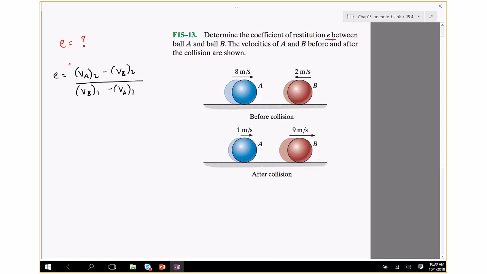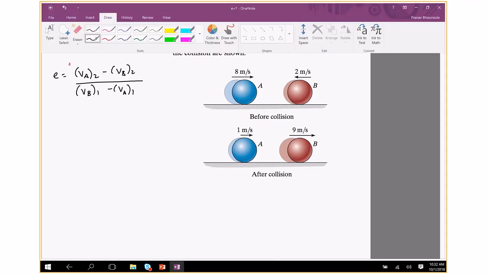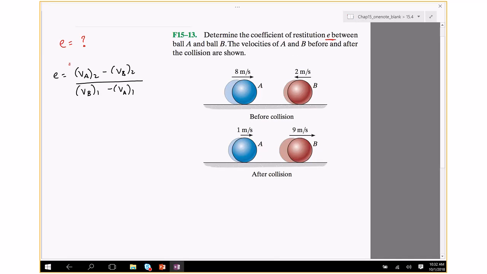I'm going to start. Put in the numbers. As I said, stick with a consistent sign convention. So this is going to be minus 2, assuming that positive is to the right side. This is going to be plus 8, this is plus 9, and this is plus 1. If you don't stick to a good convention, you'll actually get the wrong answer.